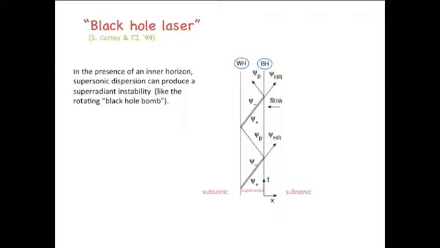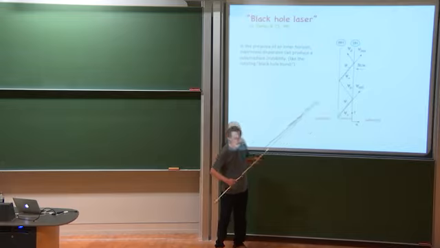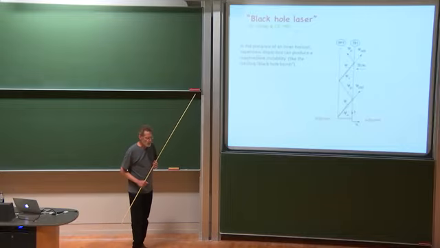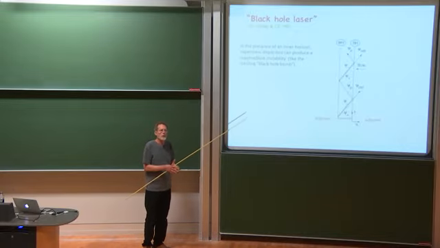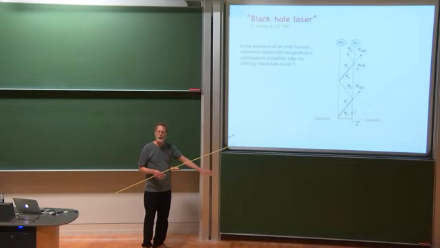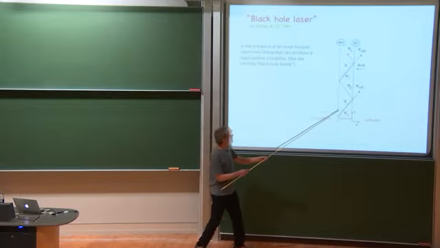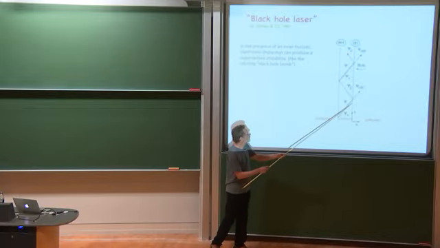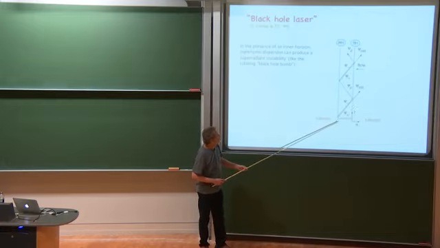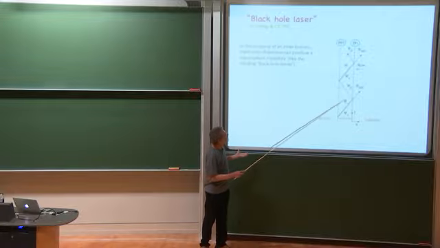It's essentially the same kind of thing, although in that case, the instability, the buildup of negative energy modes in the ergo region, is limited by the fact that they also fall across the horizon. Whereas in this case, the ergo region is just bounded by these two horizons and the modes are trapped. So one sees that there would be an instability here.